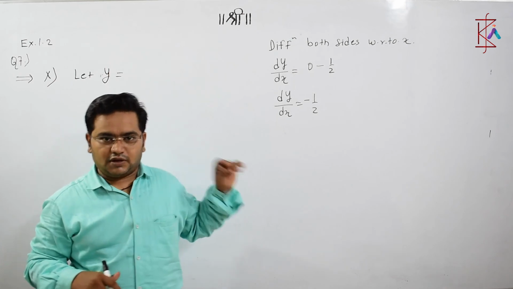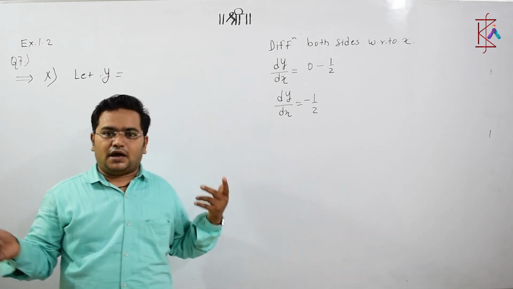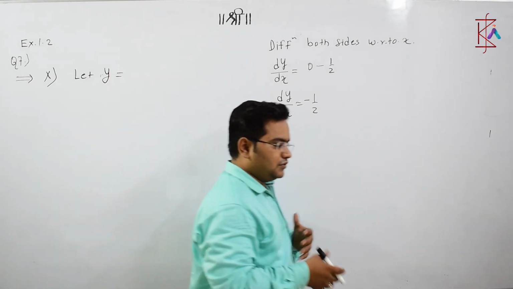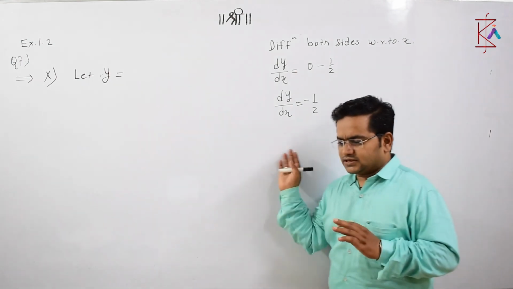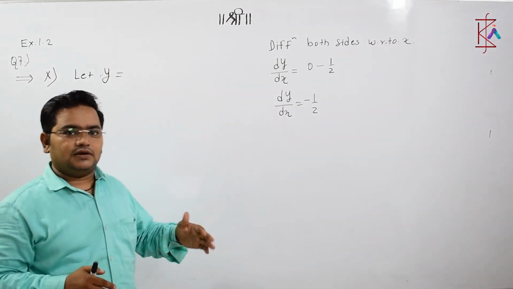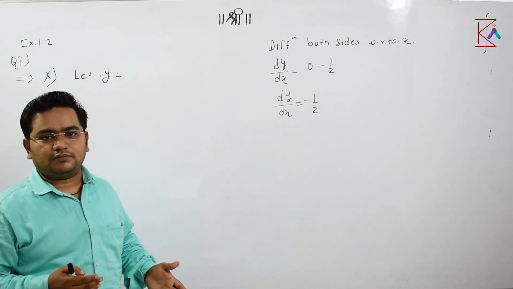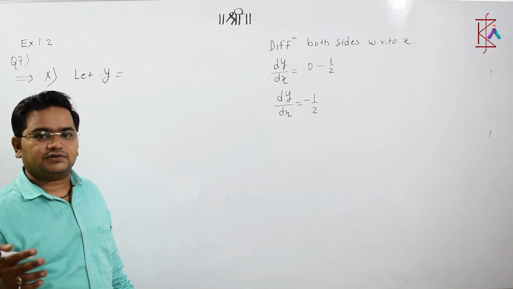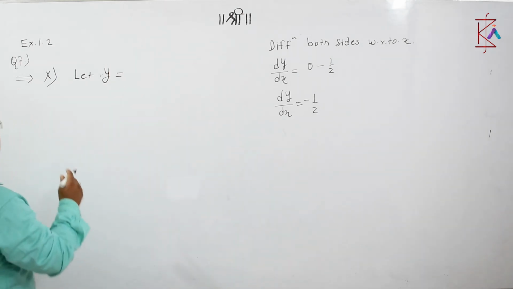Definitely, after making some corrections, substituting the values and putting them back into those identities, we can get this -1/2, but it will take so much time. So instead, make it correct first and then differentiate it. That is called simplification of the question. Understood? Now let's move to question number 11.